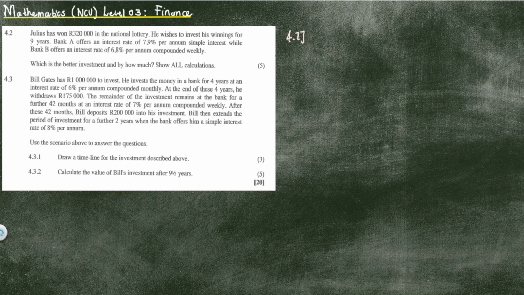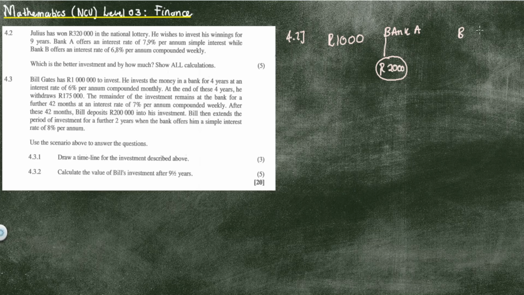And then after finding out which option is the best, we need to calculate the interest. How do I put this? Let's say maybe Bank A: you were investing 1,000 rand, and after your investment period you end up with 2,000 rand.